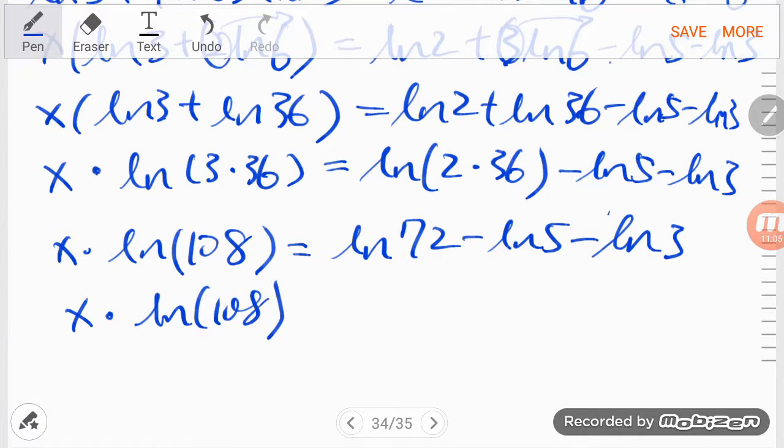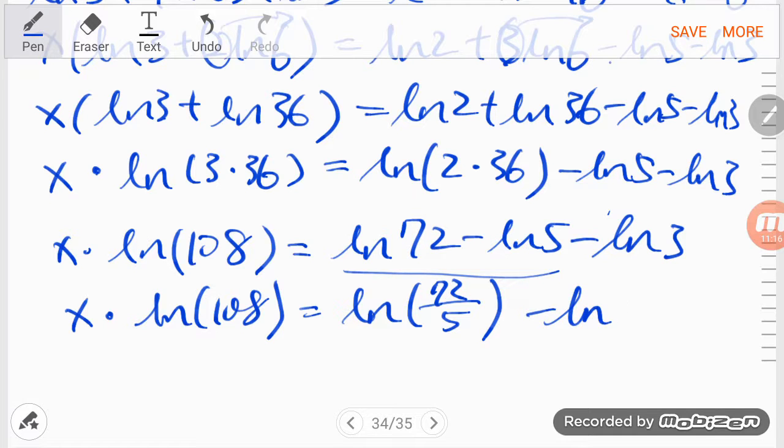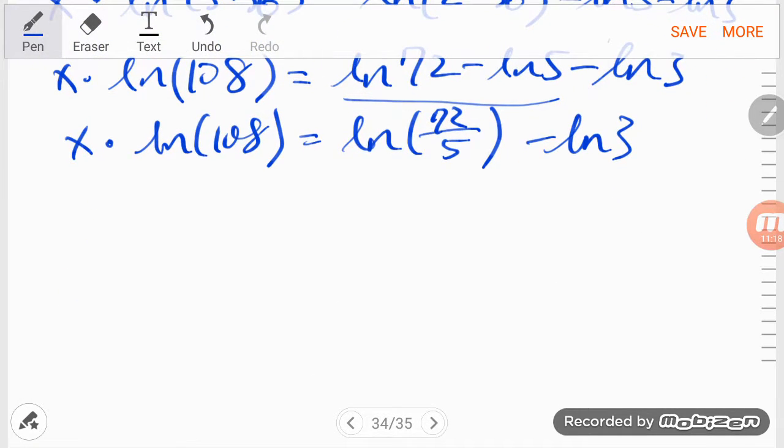Yep, 24. So on the right-hand side, I will have 24 over 5. And on the left-hand side, we have not really done much to it. But now we can do it because my x is simply ln of 24 over 5 divided by ln of 108.